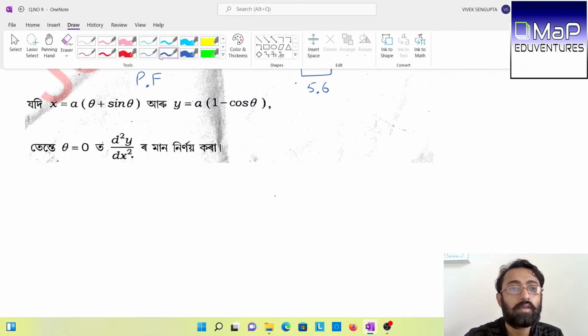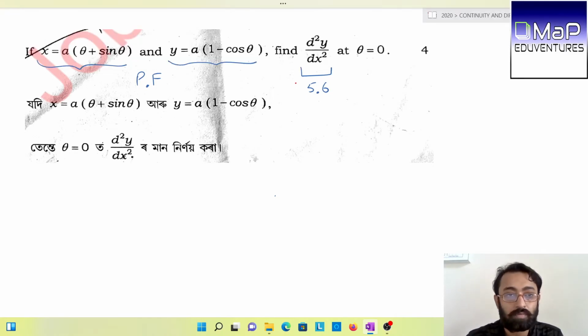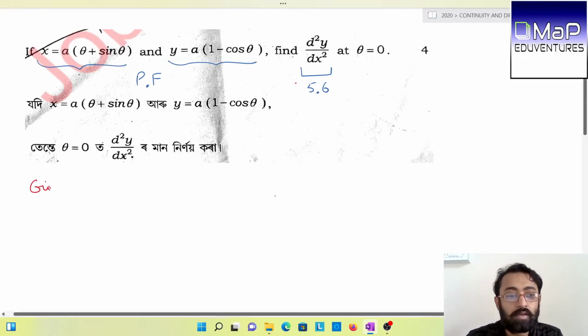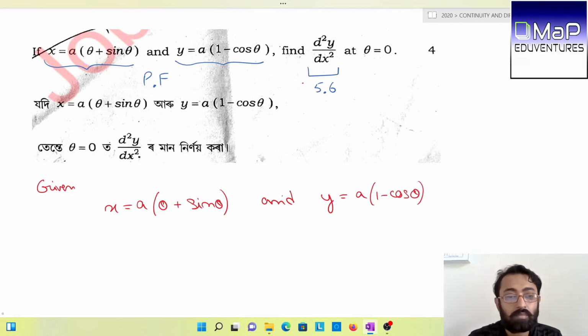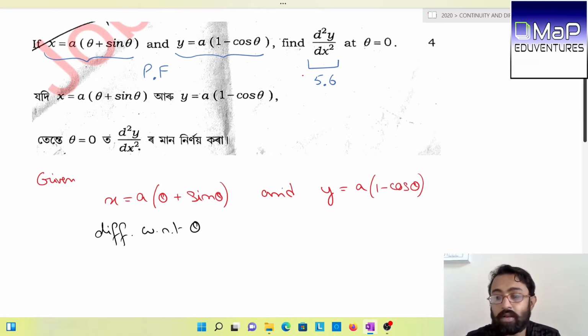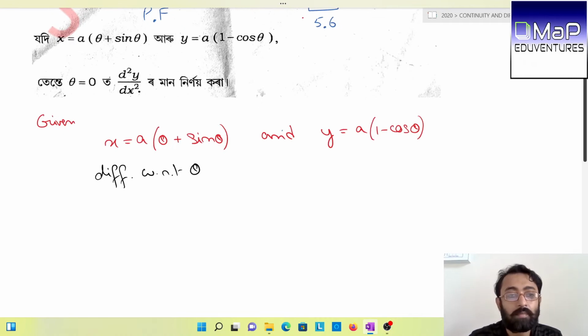Now let us see how to differentiate twice. So given, let us write. Now we will differentiate both of them with respect to theta, to get dx/dθ. So dx/dθ will be equals to how much?